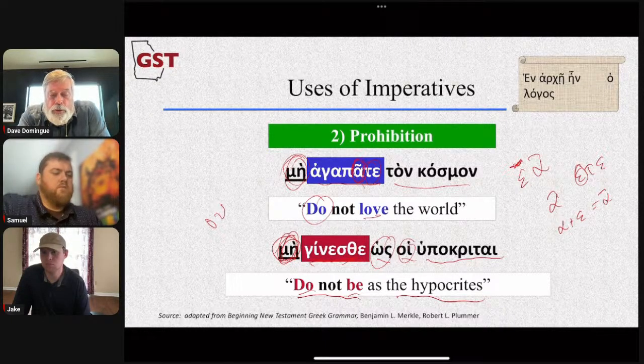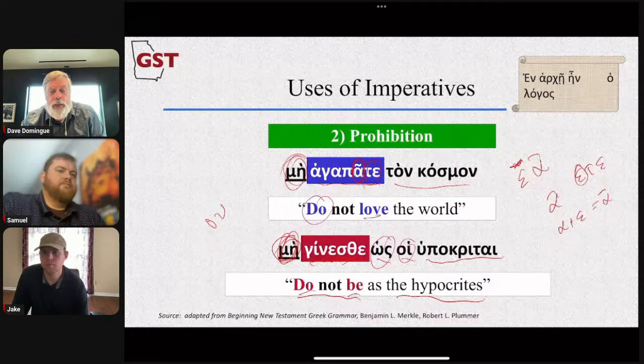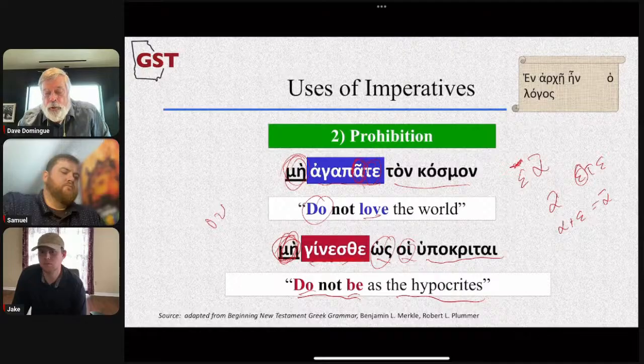So you can use the aorist subjunctive to do an imperative form. The imperative is "don't do this," but you can use the aorist subjunctive to do the same thing. Mē plus the aorist subjunctive says "no!", even stronger than the imperative.